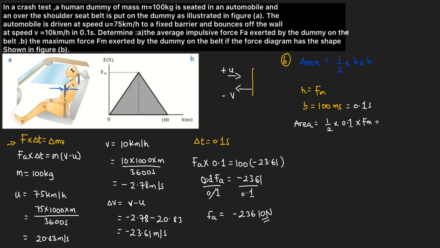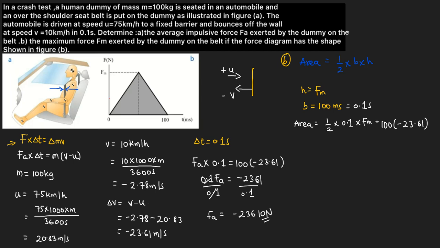We can either multiply the mass of the dummy by the change in velocity, or you can multiply the average impulsive force by the change in time. Any of them will work. So let's look at that. I'm using the mass multiplying the change in velocity. So we are going to have 100 multiplying minus 23.61.